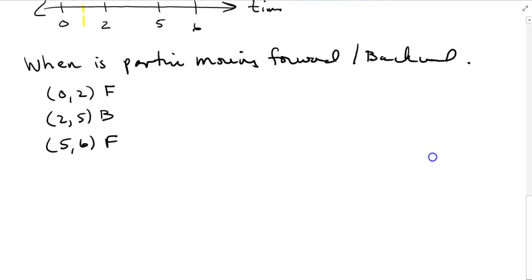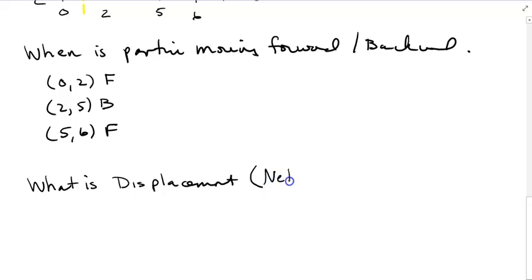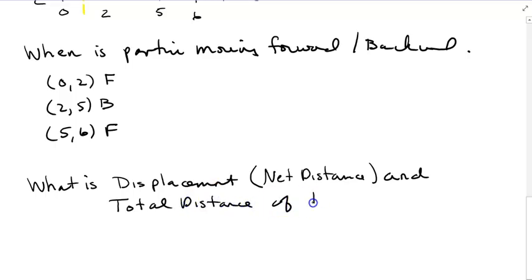And our next set of questions are, what is the displacement, in parentheses net distance, and total distance of the particle?